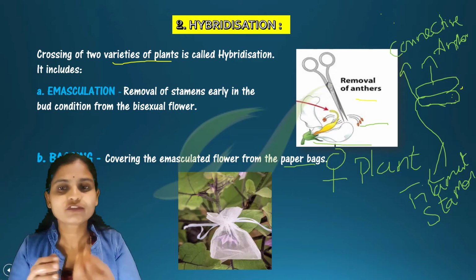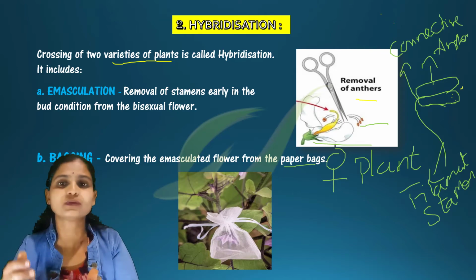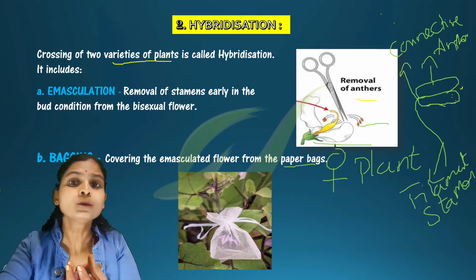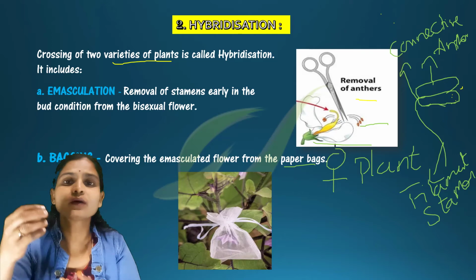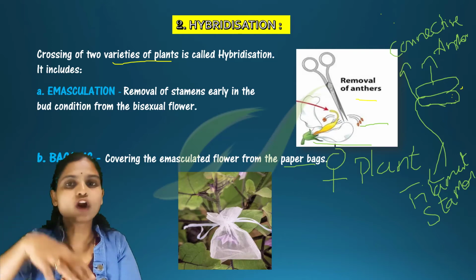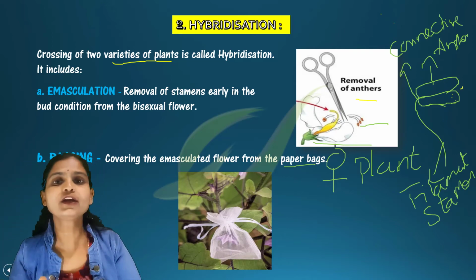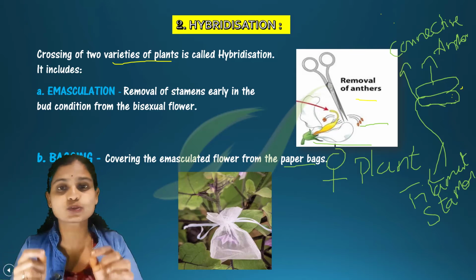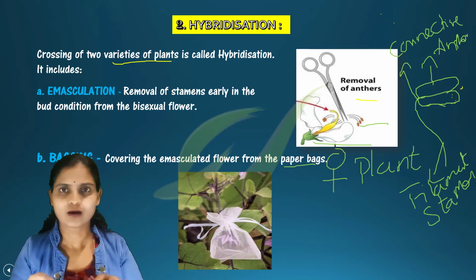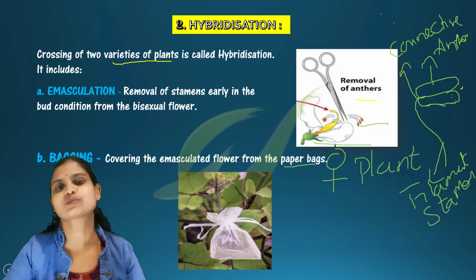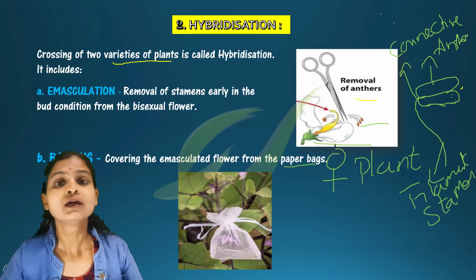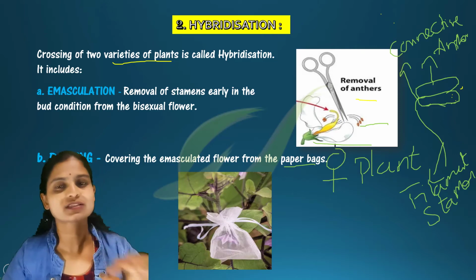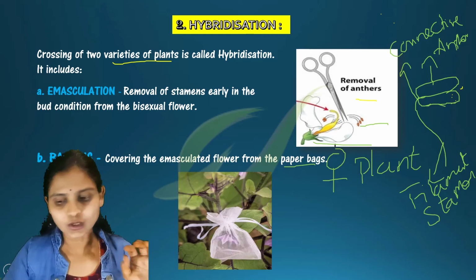If we leave the flower like that, with the help of air or insects, another pollen grain may fall on the stigma. To avoid it, we cover the emasculated flower with a paper bag, which is called bagging. All these definitions are very, very important.